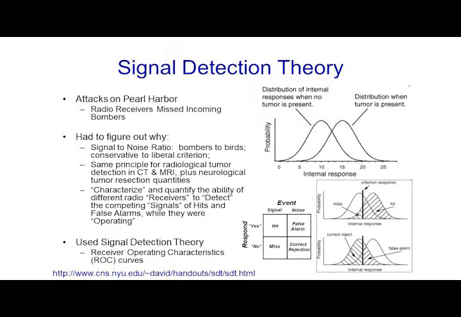Now, we talked about creating this little chart of hits, false alarms, misses, correct rejections. That's all the good stuff that we had on the screen, so we already looked at that a little bit. This is one way to characterize the respective areas that are going to be hits, misses, correct rejections, and false alarms. It's just the same information that we've drawn on the board, just a little bit cleaner.